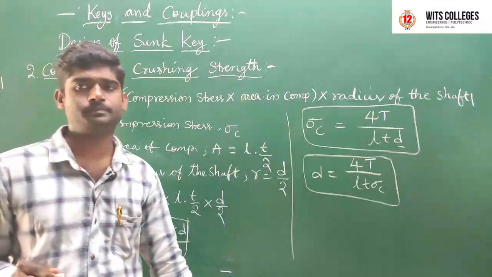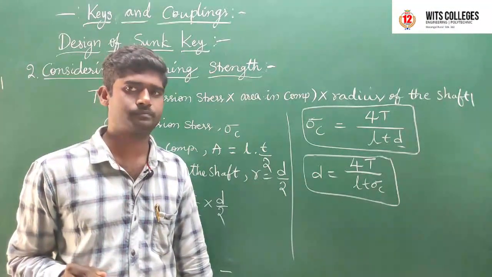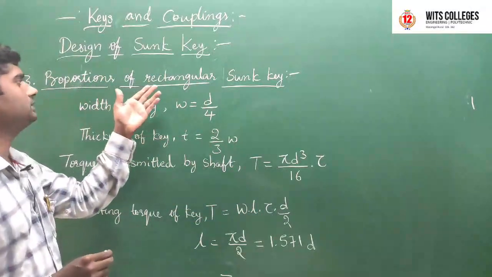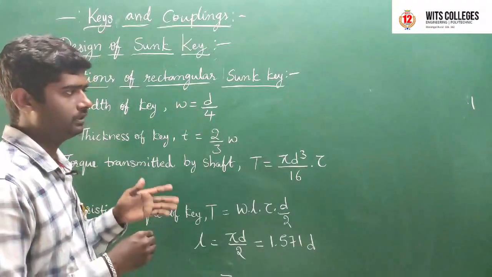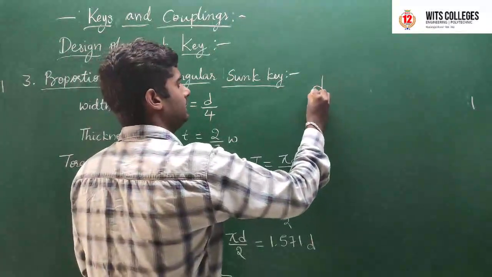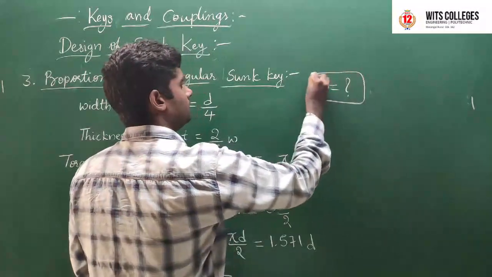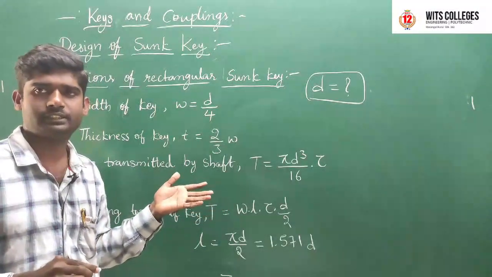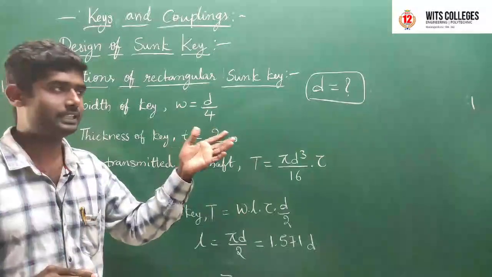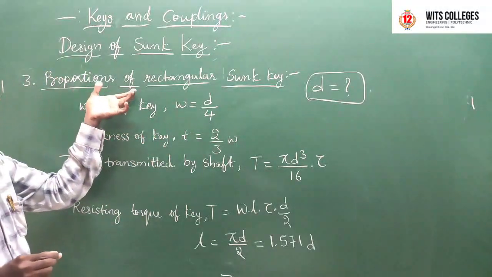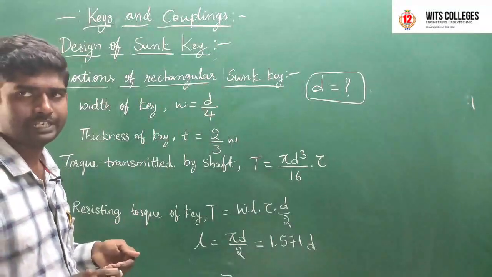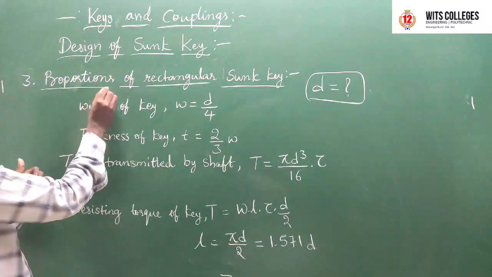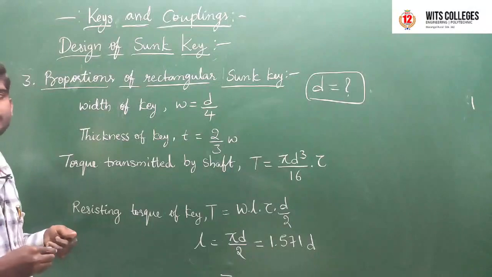Okay, next step, proportions of rectangular sunk key. After finding the D using the considering shear strength and crushing strength equations, find out the rectangular key dimensions using the proportions of the rectangular key.